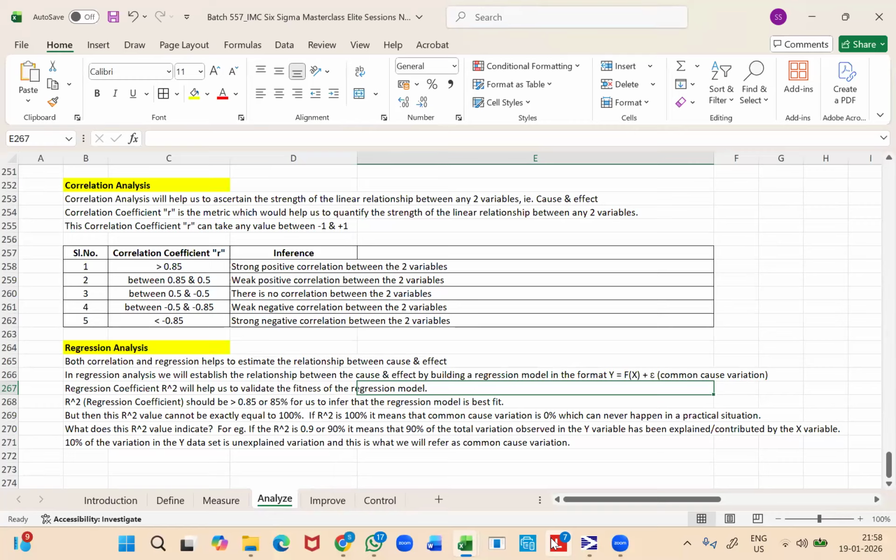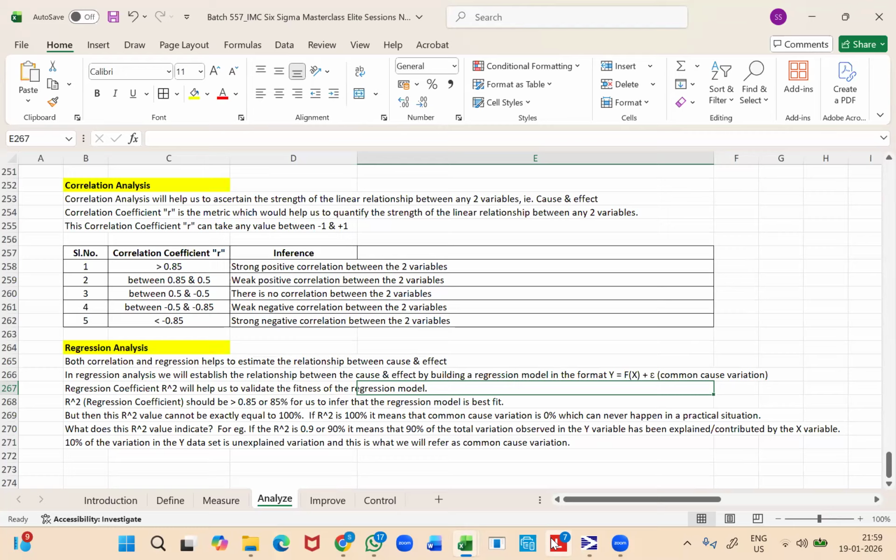We need to understand that the common cause variation for that scenario will become 0%, which can never happen in a practical situation, right? So we'll always try to ensure that the R square value, the regression coefficient value, is closer to 100%. That will be our aim. But we need to understand that at any given point of time, we cannot achieve exactly 100% as regression coefficient value, right?